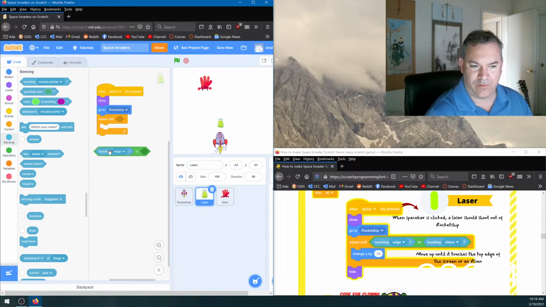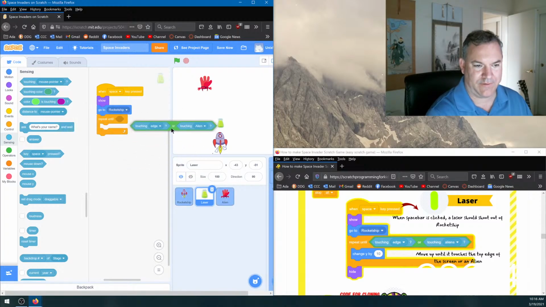So if you either touch the edge of the screen or touching Alien, and then you can just drag that whole thing into the middle here. You have to make sure it highlights. It's the left edge. You see that? So when the left edge touches, it highlights.